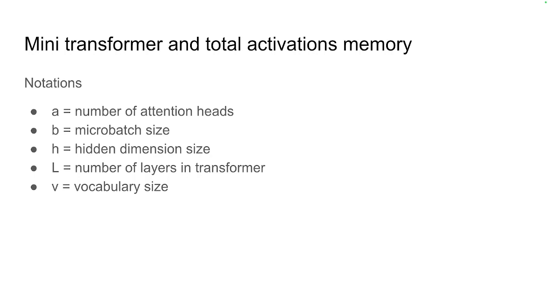And there are other methods like activation checkpointing or recomputation. In activation checkpointing, instead of saving all the intermediate activations, you just save some of them, depending on how difficult it was to compute, and for the rest of them you just recompute during your backward pass.